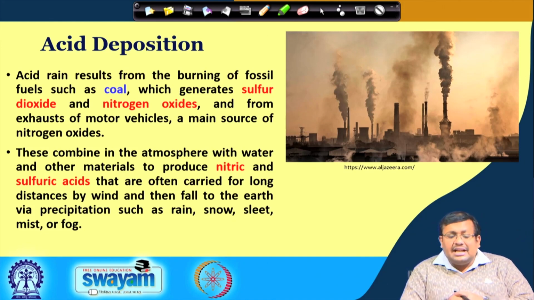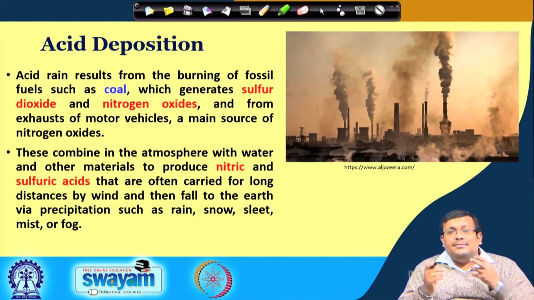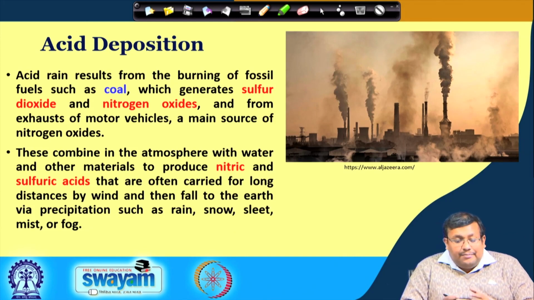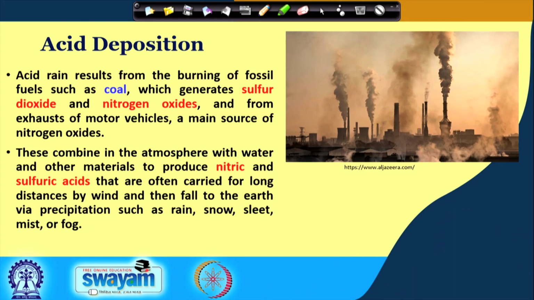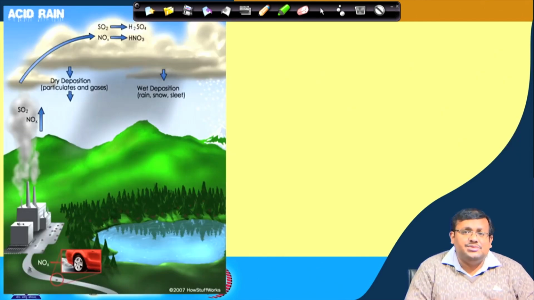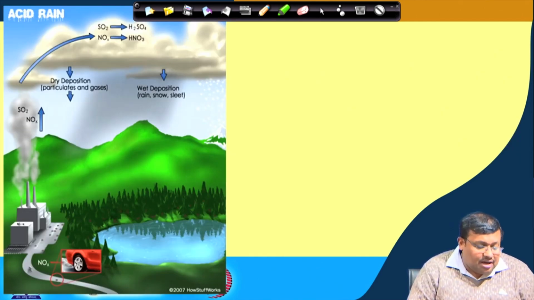So, as you can see here, burning of coal, which is another major source of sulfur dioxide and these gases, reacts with the water vapor to produce the acid rain. This picture gives you a more comprehensive idea of this acid deposition.